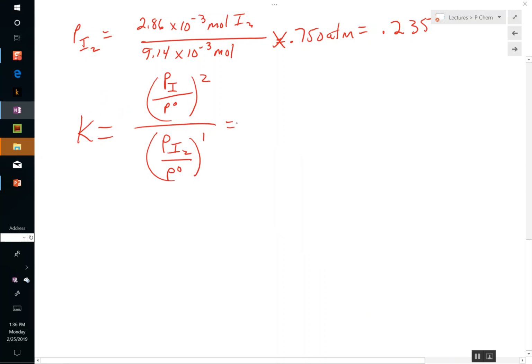He says that P of I is 2x times, he uses PV equals nRT right here, 0.08205 times 1,000 degrees Kelvin divided by 1 liter. And of course, that's all going to be divided by 1 atmosphere.